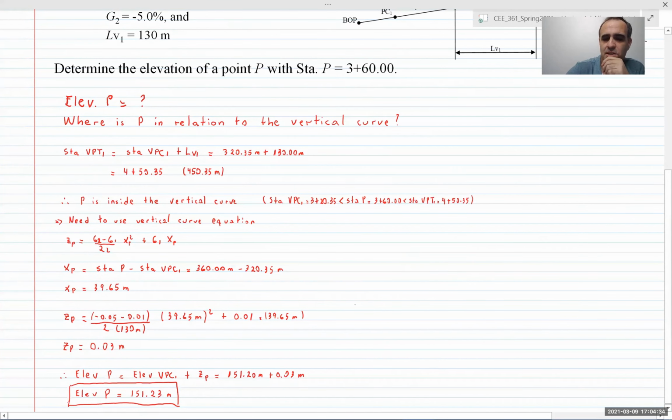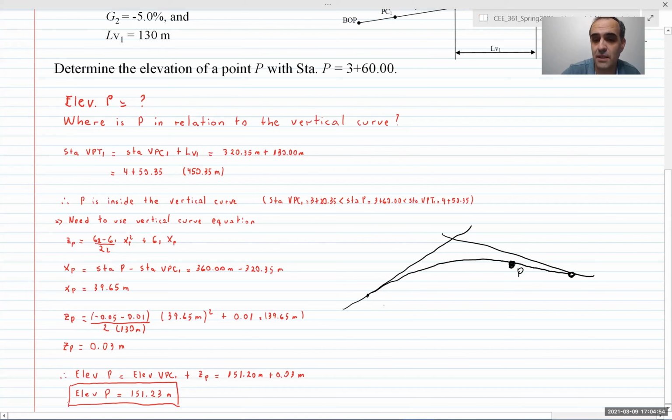So let me exaggerate this. We have one grade, then we have the other grade, and then we have a vertical curve. Something like that, right? So let's say this is my point P, and I want to get the elevation of that point. So what I'm going to do, let me move the beginning there for convenience.